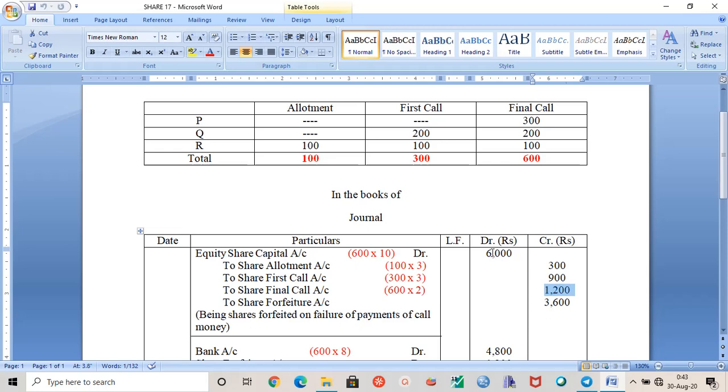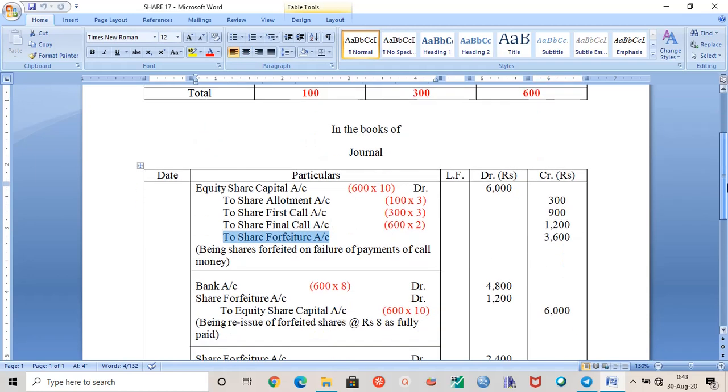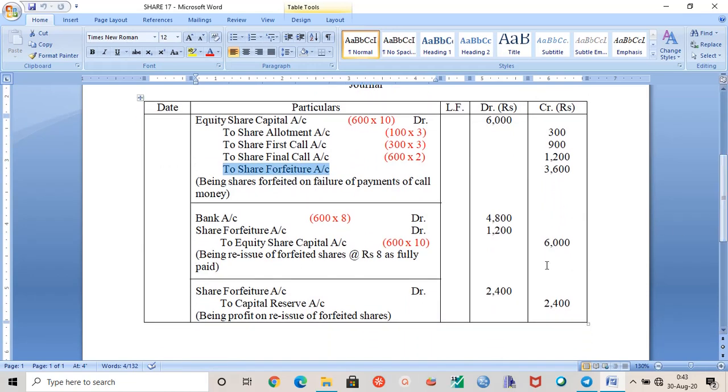So 6000 minus 300 minus 900 minus 1200, you will get the value 3600. This is how you can find the amount to share forfeiture account. Here the shares are reissued at rupees 8, which means this 8 is below the full face value.